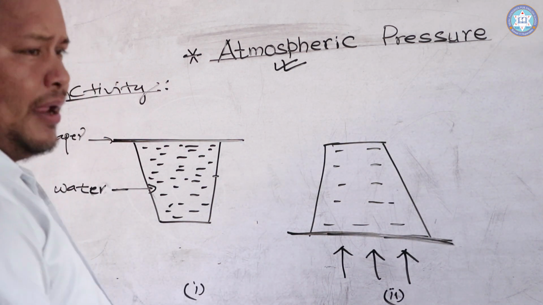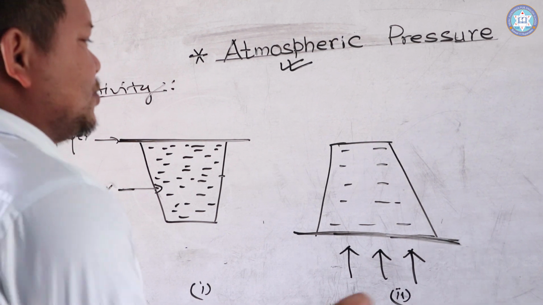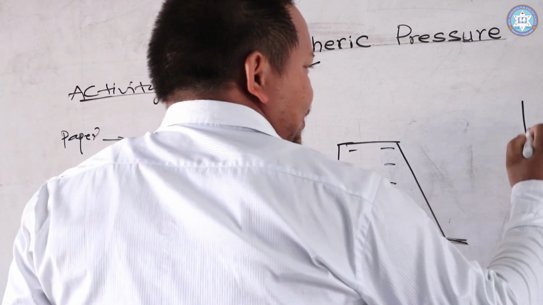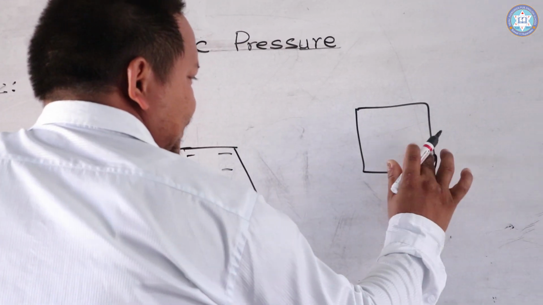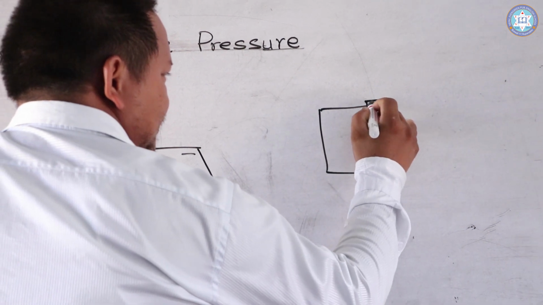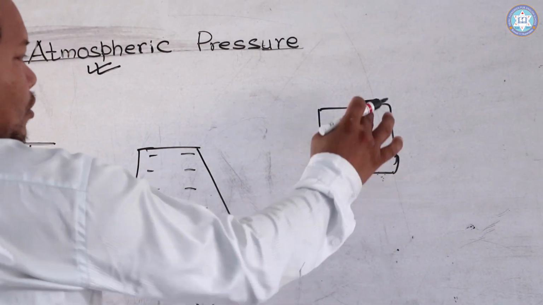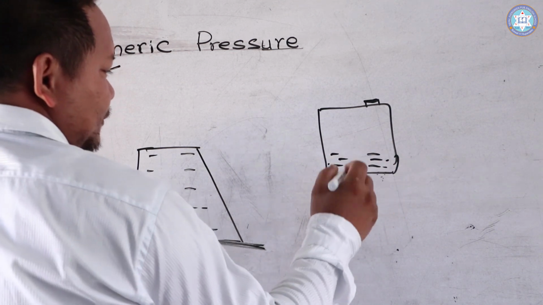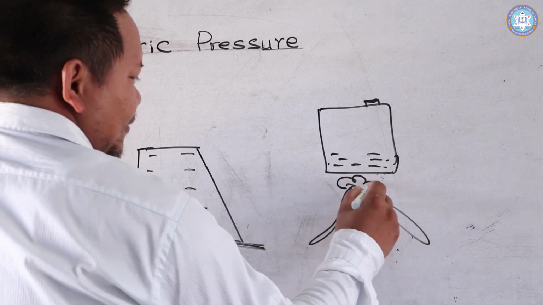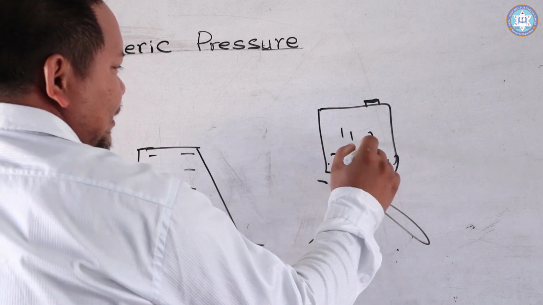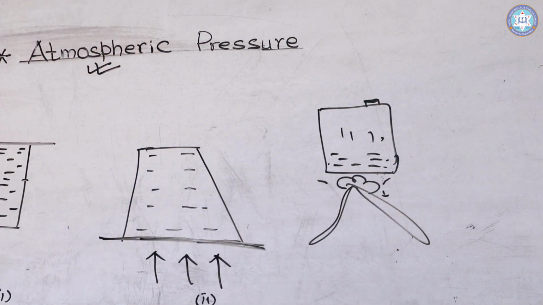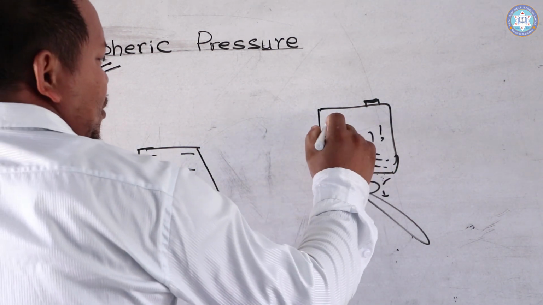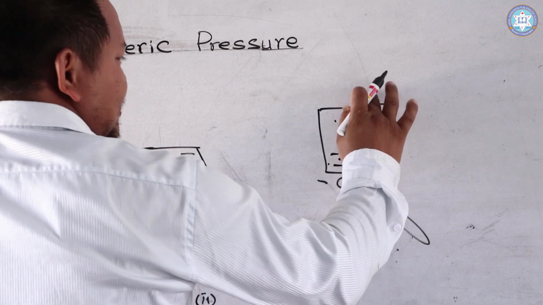And there is another example also. Take a can having a hole on this part and put some water in it, and it's heated. Then what happens? All the air comes out from this hole.